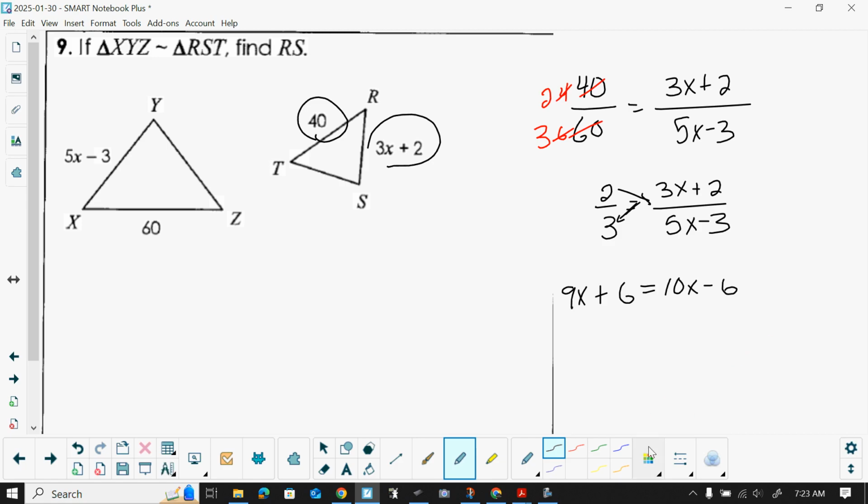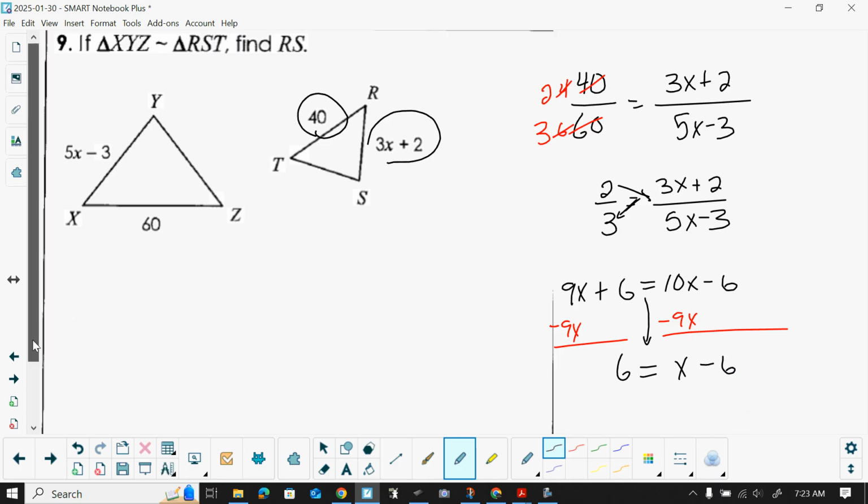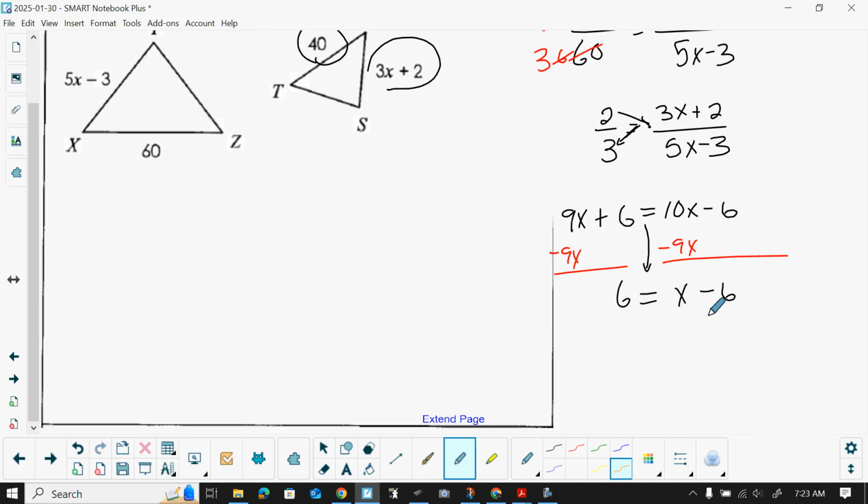And we're going to subtract 9x from both sides. And I end up with 9x minus 9x is 0. I have a 6. Bring that equal sign straight down. 10 minus 9 is 1x minus 6. We're going to add 6 to both sides. And I get x on this side equals 6 plus 6 is 12.